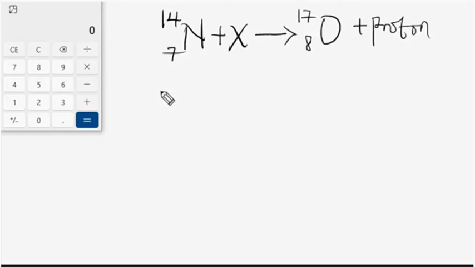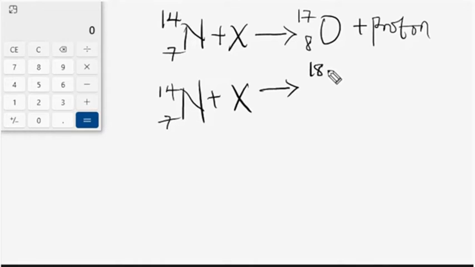So we're going to have 14, 7 for N, then plus X to give 18, since it's 17 plus 1, and then 9, since it's 8 plus 1, for oxygen here.